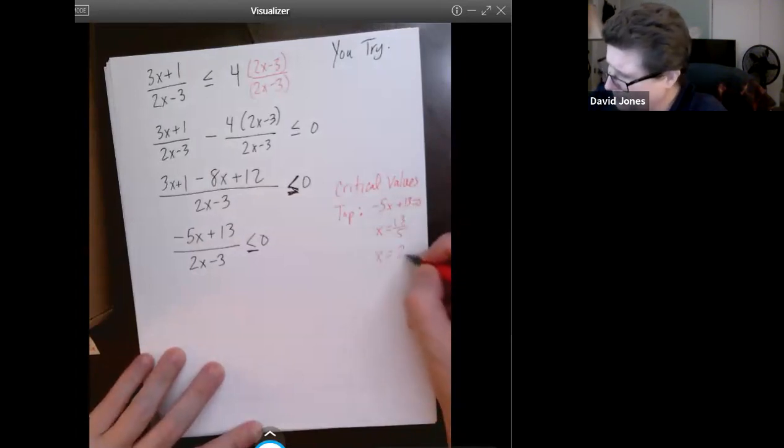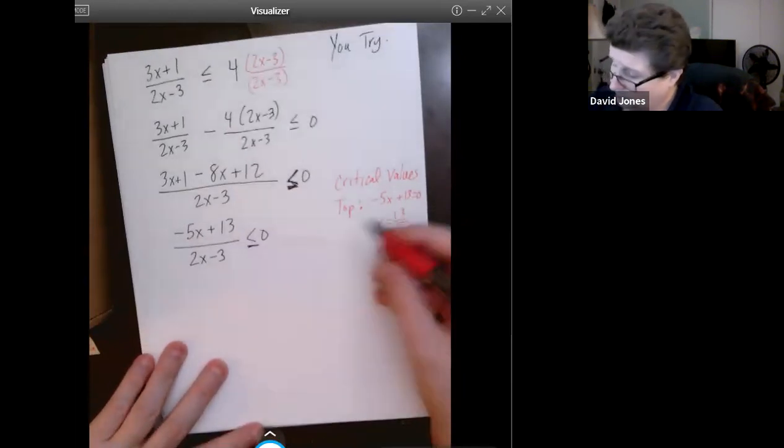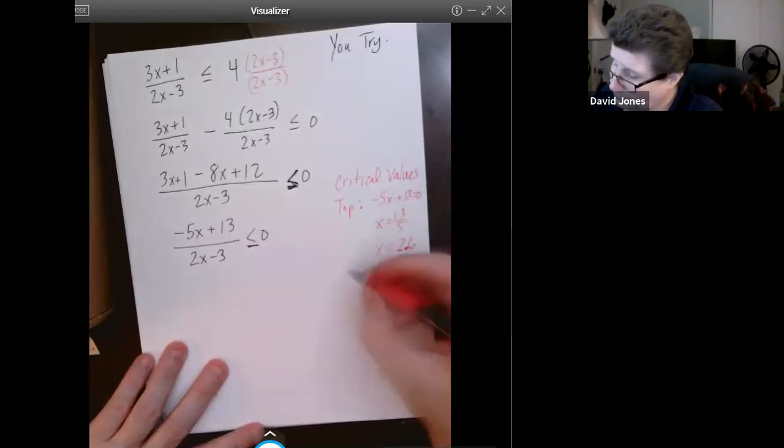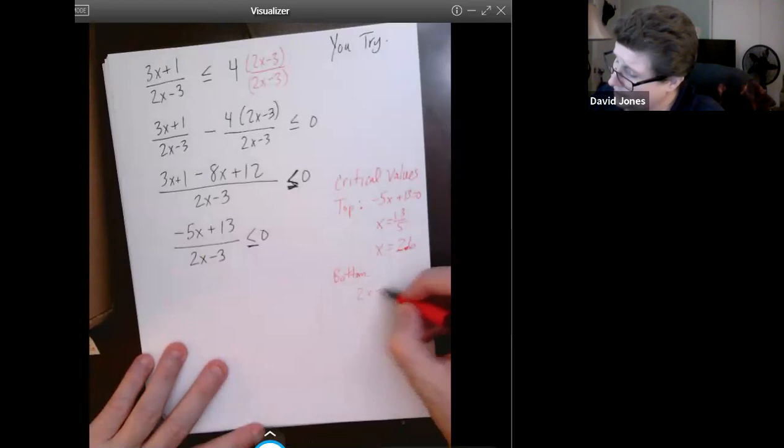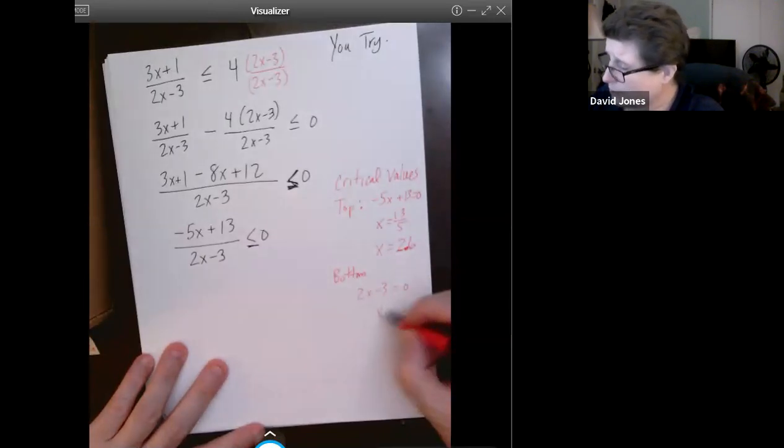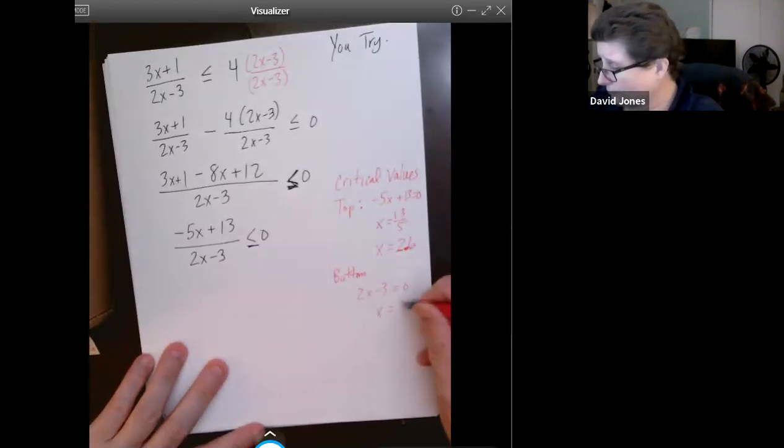And in decimal form, that's 2.6. Bottom, 2x minus 3 equals 0. So x equals 3/2. x equals 1.5.